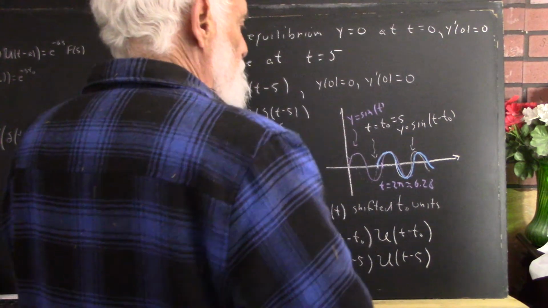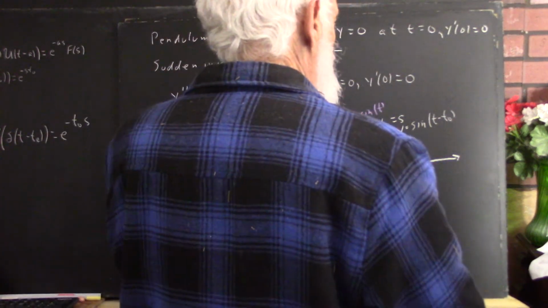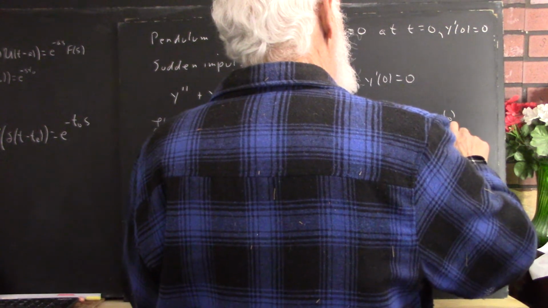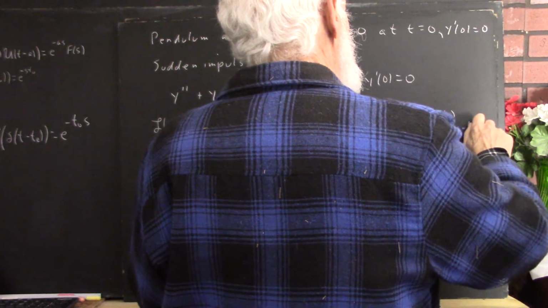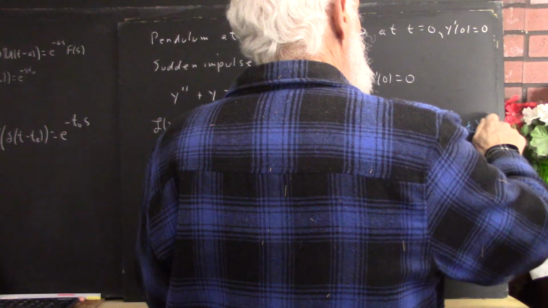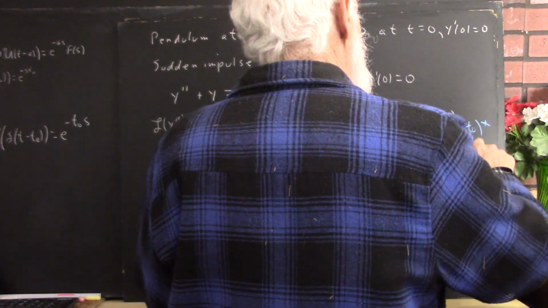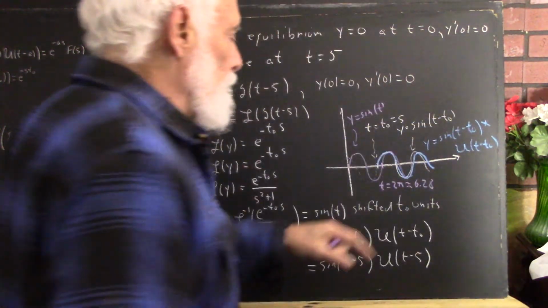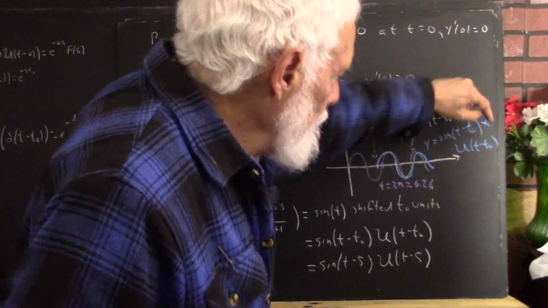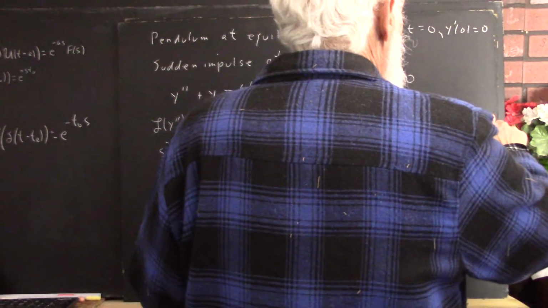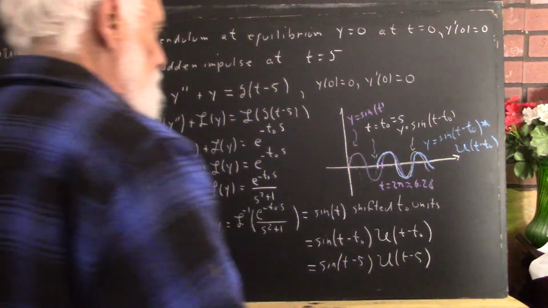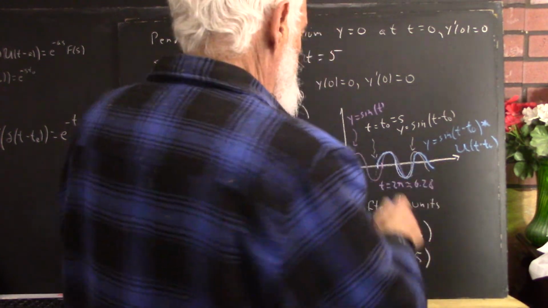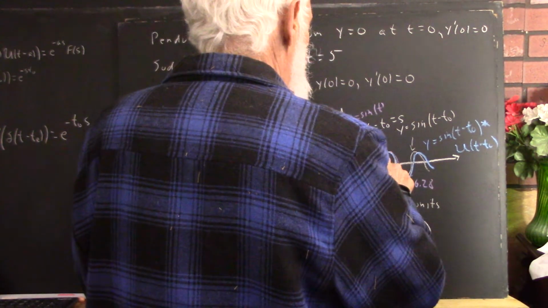The blue function, which is supposed to be right on top of the white function, is the sine of t minus t naught multiplied by u of t minus t naught.